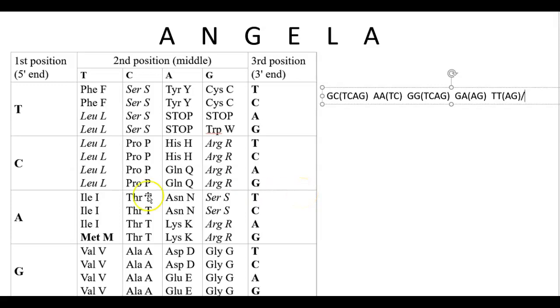Or it could also be a C in the first position, because we see that the L is also encoded by a C. If we go up, we see the T in the second position. And then we've got TCAG for the third position.